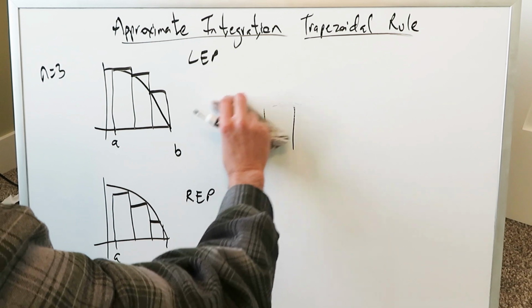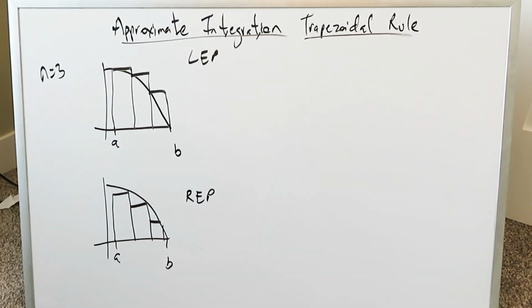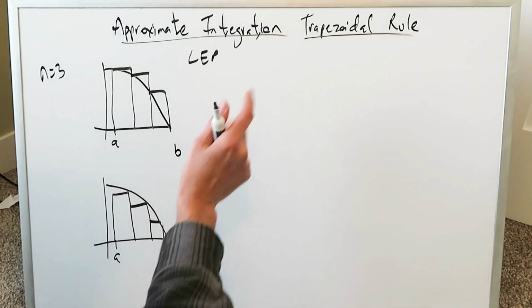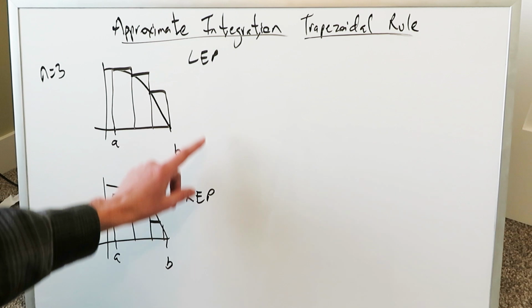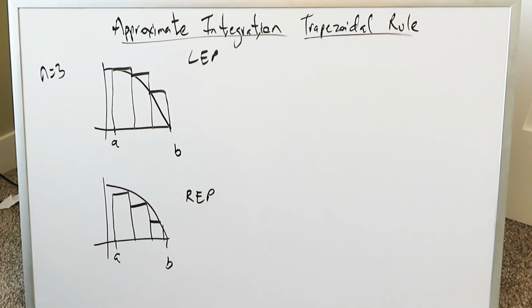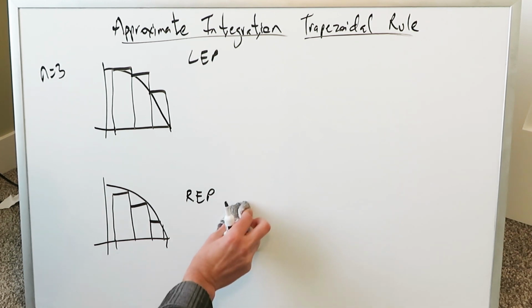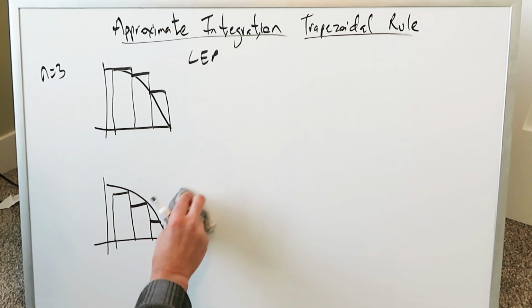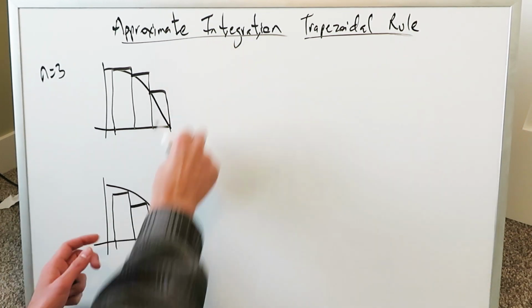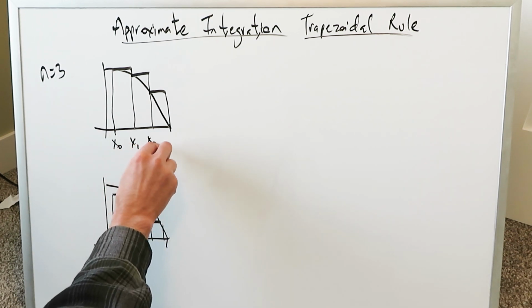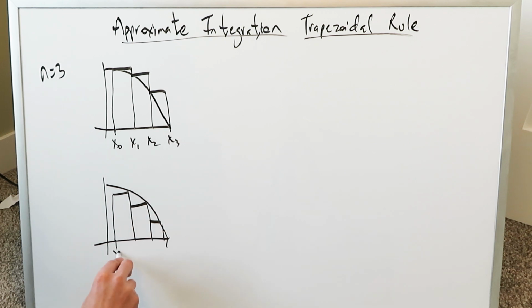Well, now put that aside and remember this: the trapezoidal rule represents an average of your values for the left and right endpoint approximations. Now let me start adding some intervals over here because I want to show you how the formula develops. We know this is the right endpoint, we know here this is the left endpoint. If we have a certain x0 here, x1, x2, x3, likewise here we have x0, x1, x2, x3.